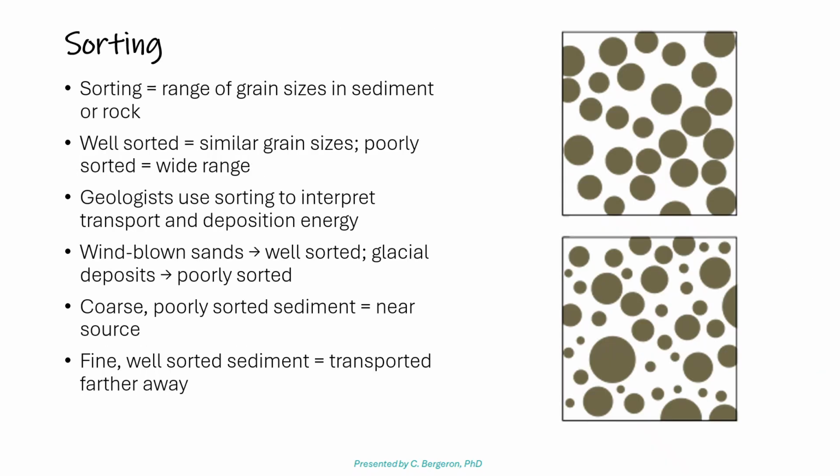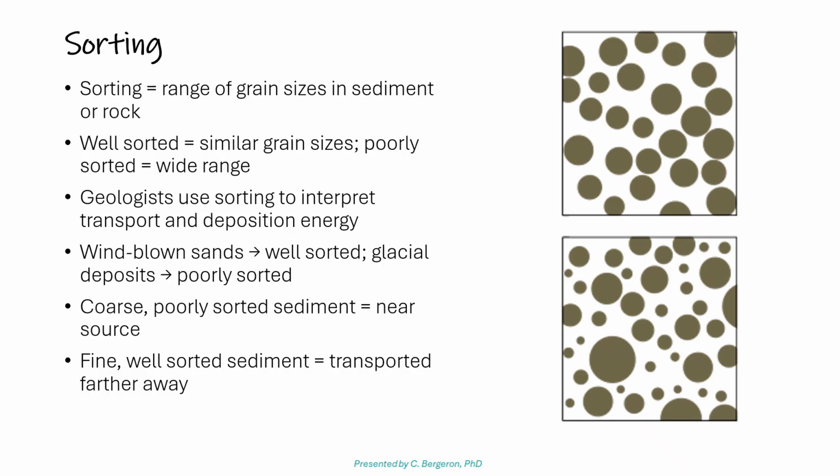Another term that is used to describe sedimentary rocks is the sorting. The sorting describes the range of grain sizes that you see within a sedimentary rock. So the term well sorted will describe a rock that has a narrow range of grain sizes, whereas poorly sorted will describe a rock that has a wide range of grains.